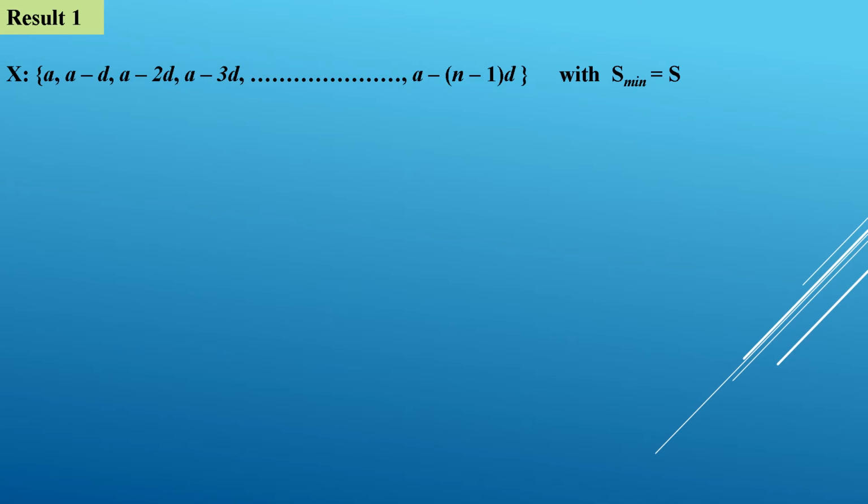The minimum sum we define as s, and then assume that this x is shifted by a positive number, gamma. Then x dash is equal to x plus gamma. Every element here is added by gamma, shifted by a positive number. The minimum sum of this new shifted data is equal to s dash.